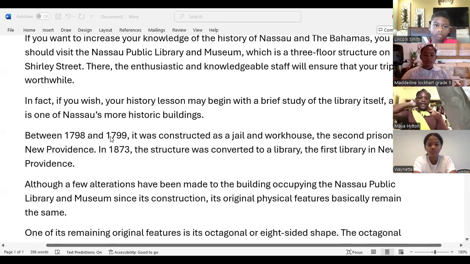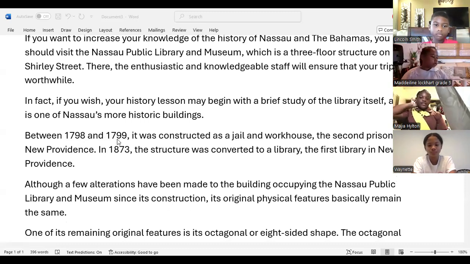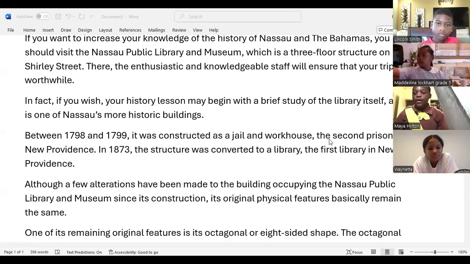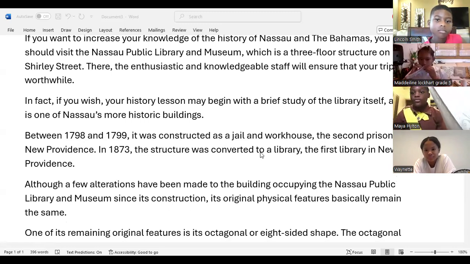Between 1798 and 1799, it was constructed as a jail and workhouse, the second prison in New Providence. In 1873, the structure was converted to a library, the first library in New Providence.